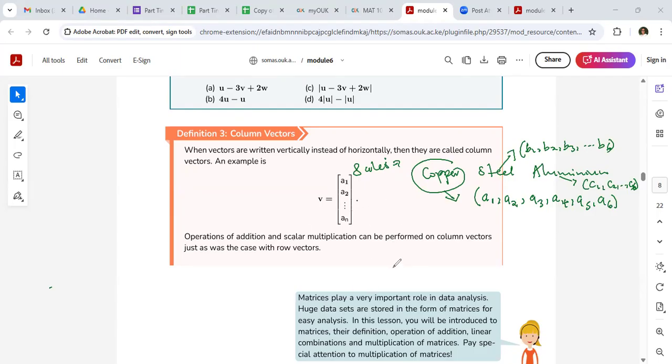This is where matrices come in, whereby I can have an array of the vectors. Say, for example, the first row has the sales for the copper rods, the second row has the sales for the steel rods, and the third row has the sales from the aluminium rods. So first you have a vector, and then you can have an array of vectors.